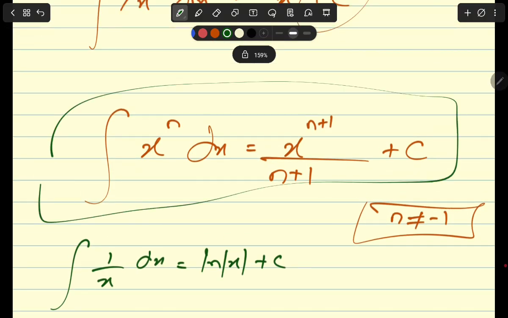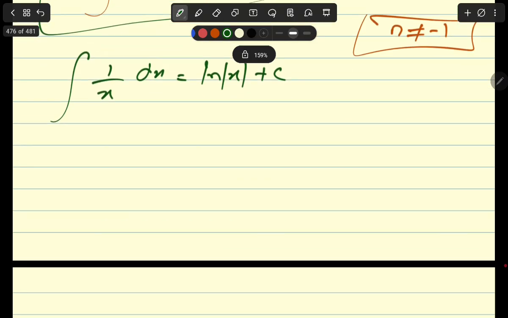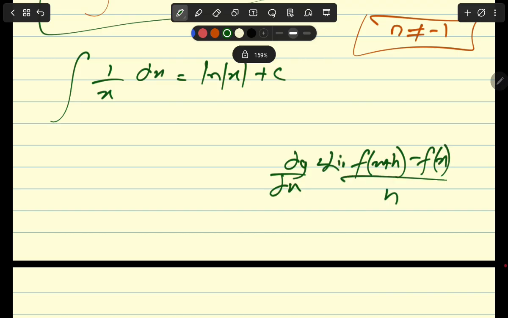You already know why we do the reverse process, right? This was discovered; somebody did not just reveal it to you. This is just the antiderivative. Now, the derivative, by the definition of dy by dx, was equal to f of x plus h minus f of x over h, limit as h approaches zero, right?